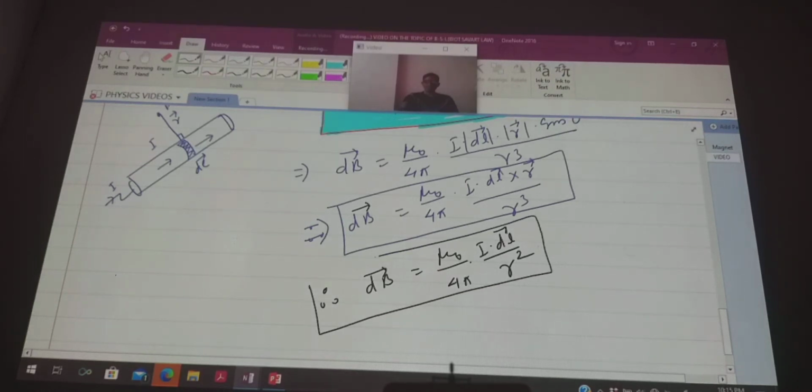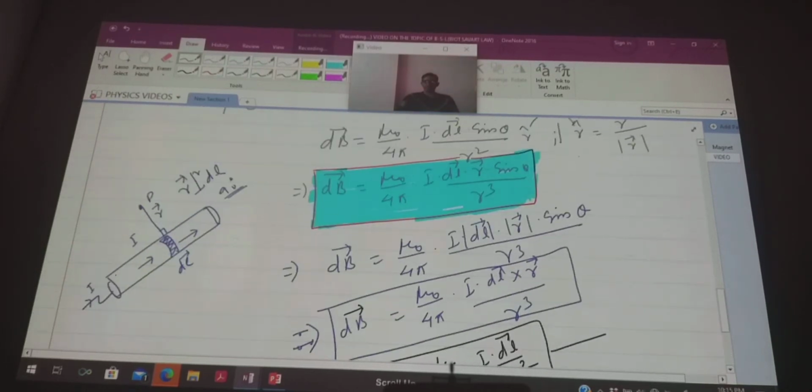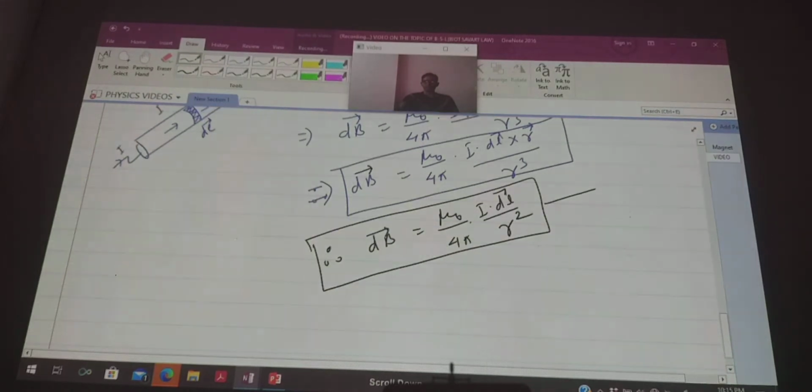This is the vector form of the Biot-Savart law. This is equation 6, and this equation can be written as 6a, another equation in the vector form.